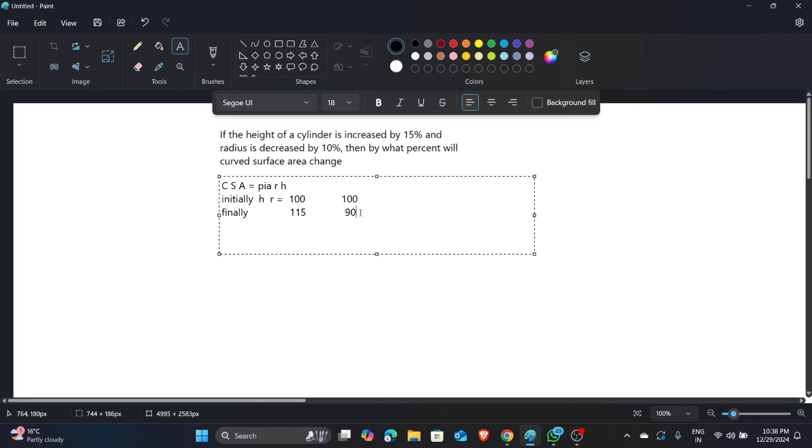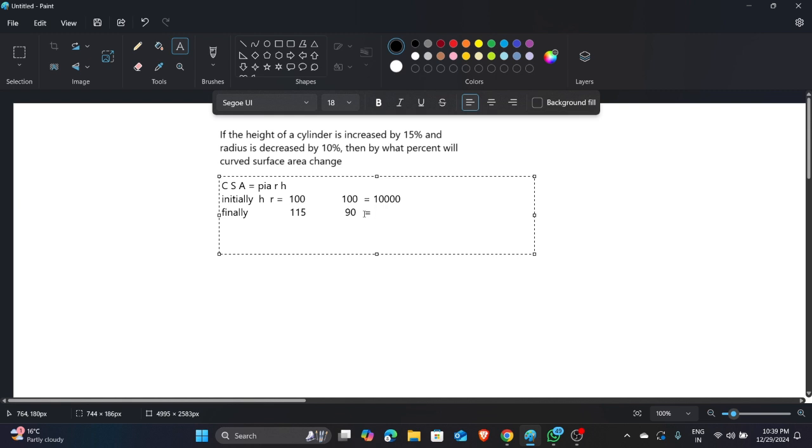If they ask after the change, then we can take that. When you apply this and subtract, pi is common in both, so it cancels out, but these other numbers are different and are in multiplication. So if we want to do it directly, we simply multiply these numbers and take the difference.